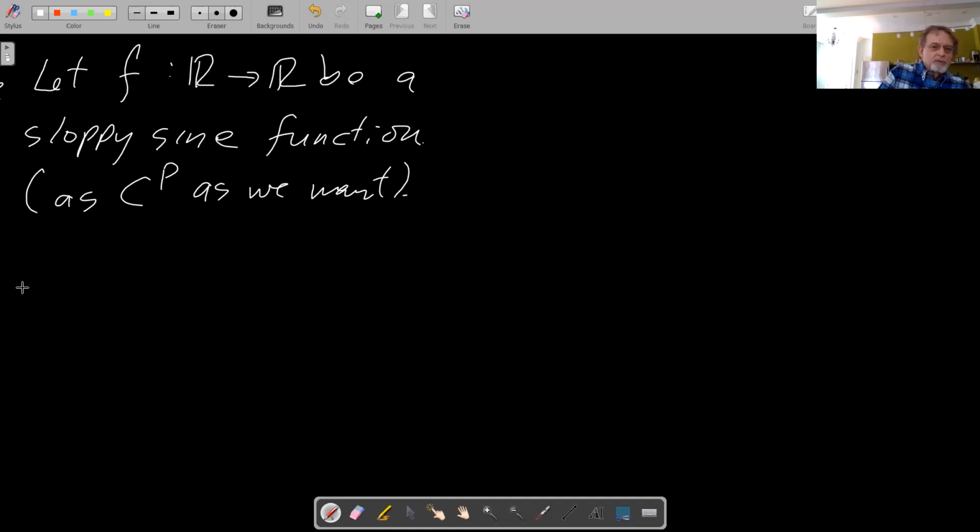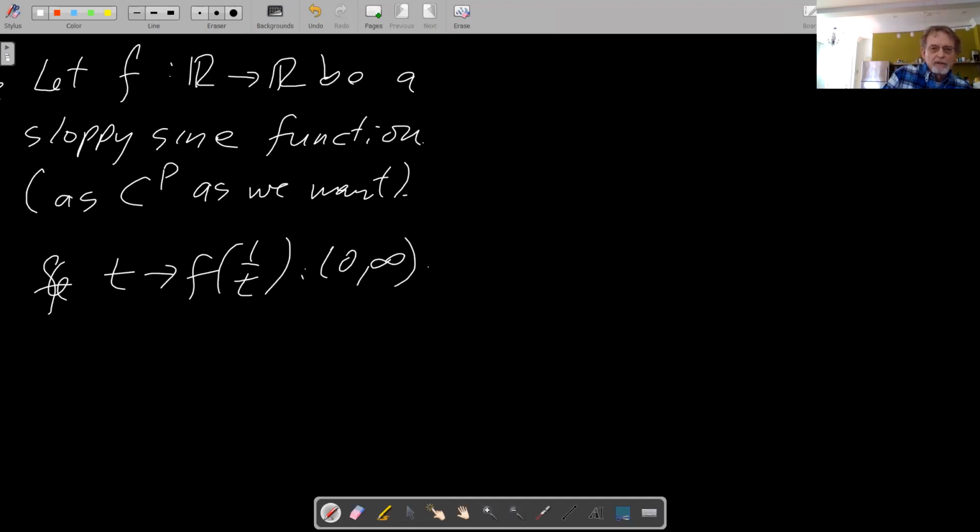And so then of course we're also going to have the function t maps to f of 1 over t from (0, infinity) to R. In the back of your mind, you should be thinking of this as really looking at sine of 1 over t.